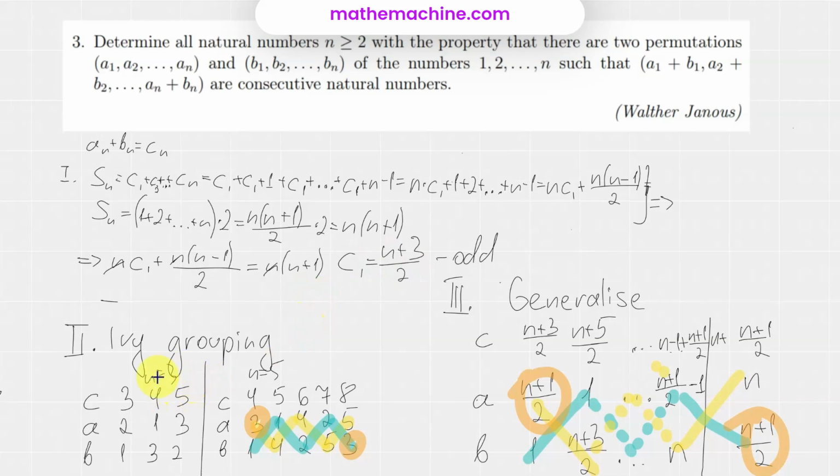So if n equals 3, obviously, it could work. Then we get c1 by this formula. It is 3. The next ones are 4 and 5. And so let's try to group A and B. If C is the largest number, 5, we get 3 under this 5, the largest of A. And then it compulsorily gives us 2.